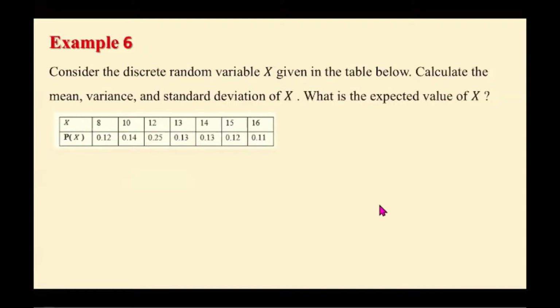Next one now, number 6. Consider the discrete random variable x. Here is our discrete random variable x given in the table. We are asked to calculate the mean, variance, and standard deviation. We are calculating three different things. So we'll start by making the table.